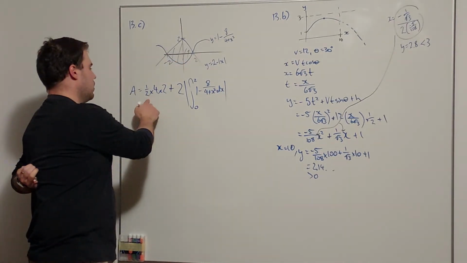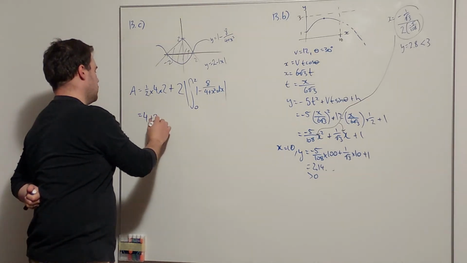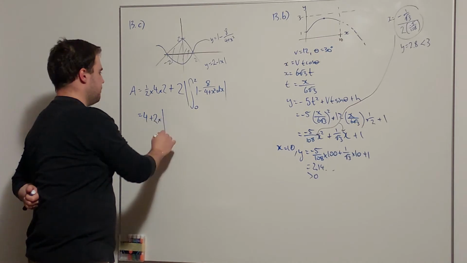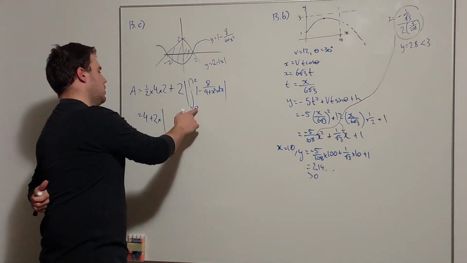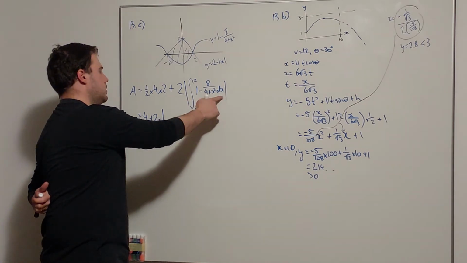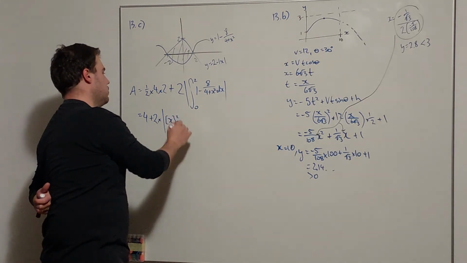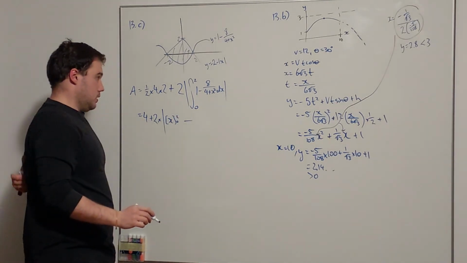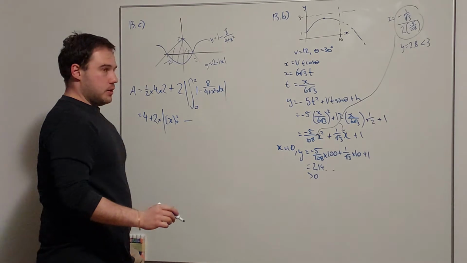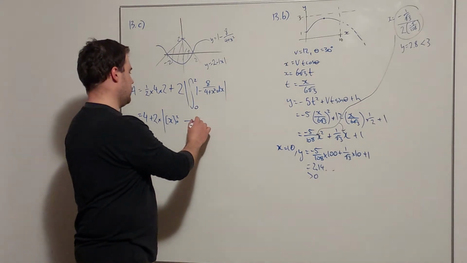Right. Half times 2 is 1, so 4 plus 2 times, so we've got the integral of 1 dx, which is just x from 0 to 2, then minus, depending how you like your inverse tan formula, I normally like to have it like this.